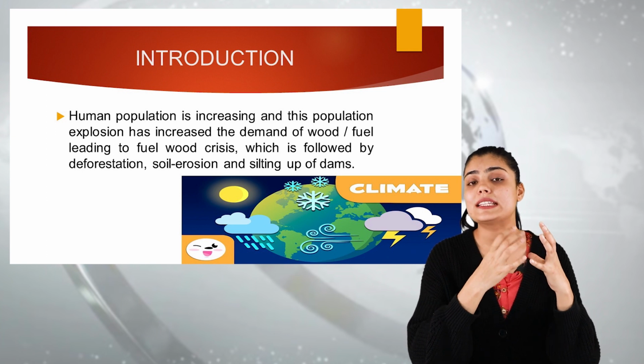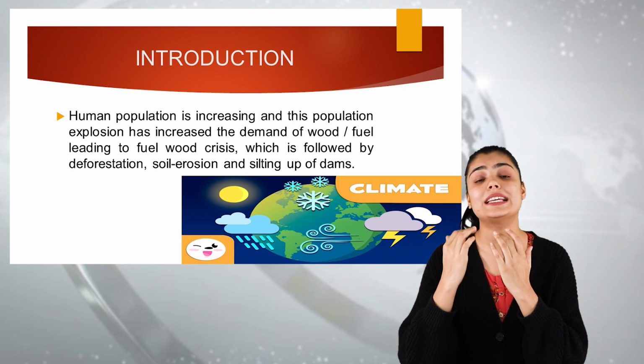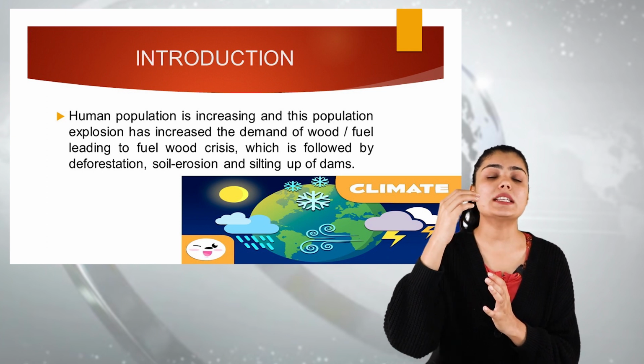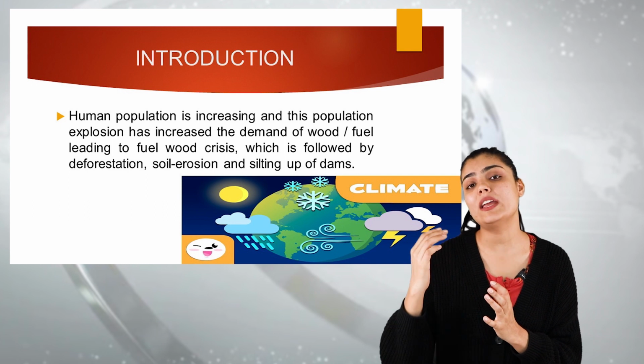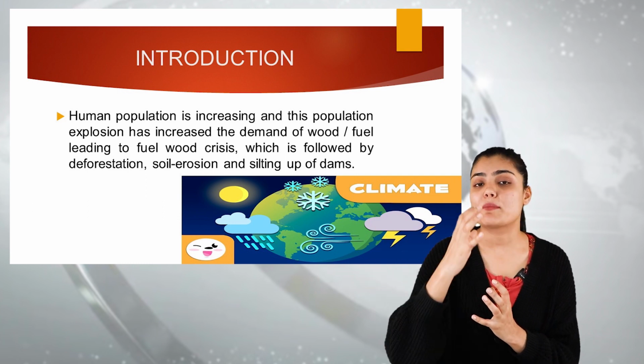Now, because there is an increase in the human population, there is an increase in the demand, and increased use of every different kind of resource. The increase in these resources leads to various factors that bring change and impact our environment negatively.